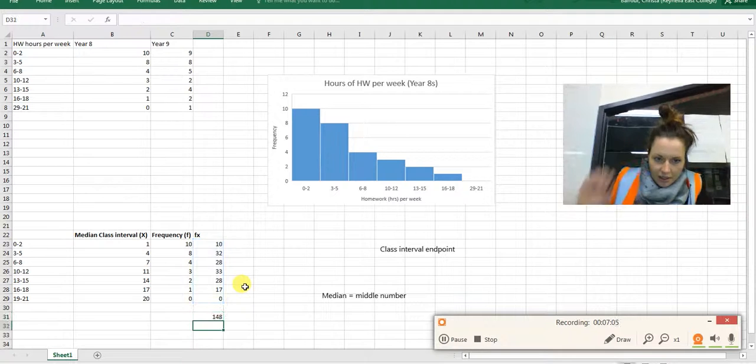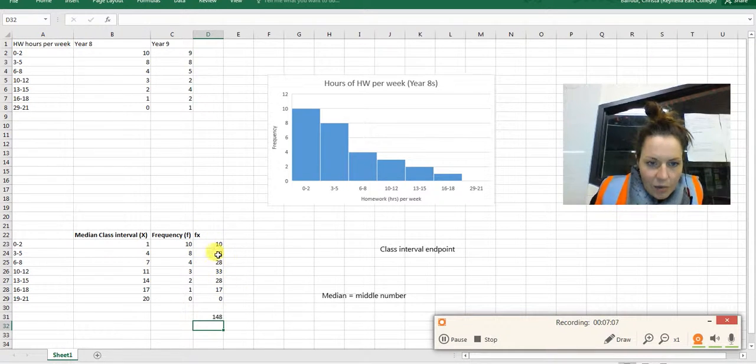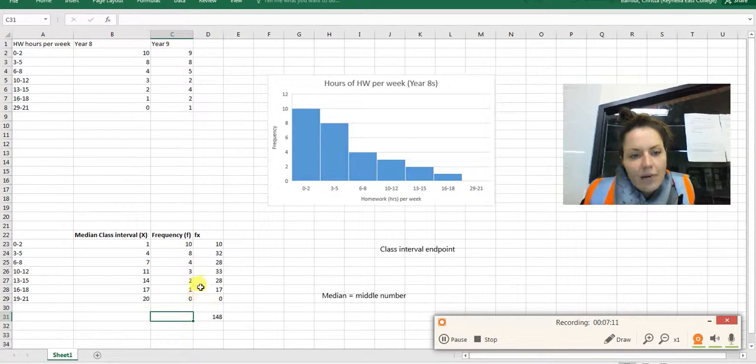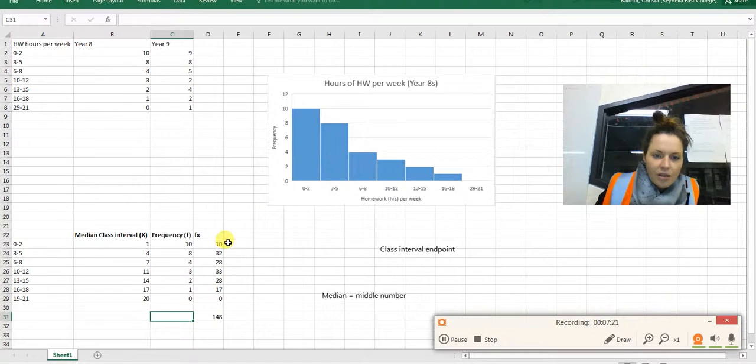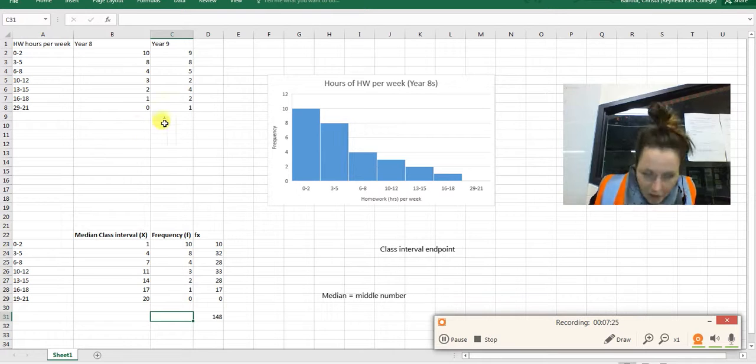Okay, and basically that's added up all of those. And then I also want to find out what my total frequency was. That would be how many people I surveyed in total. When I say in total, I mean my year 8s in total, not my year 8s and 9s.